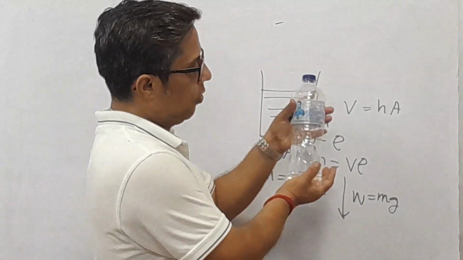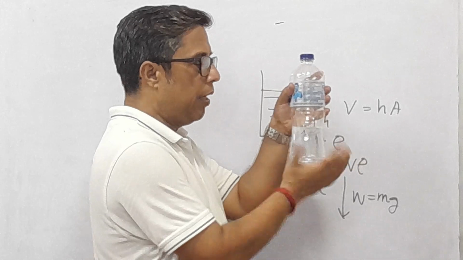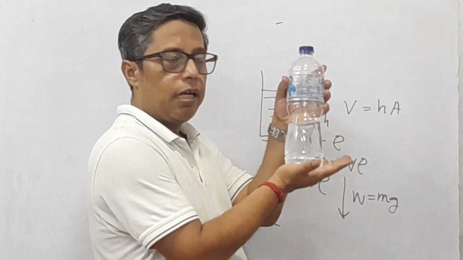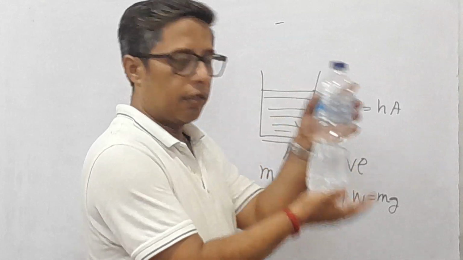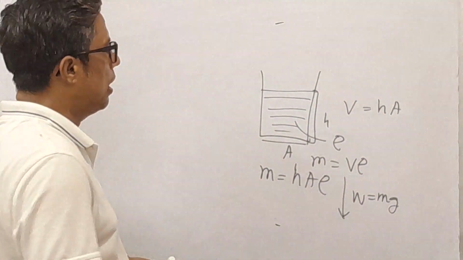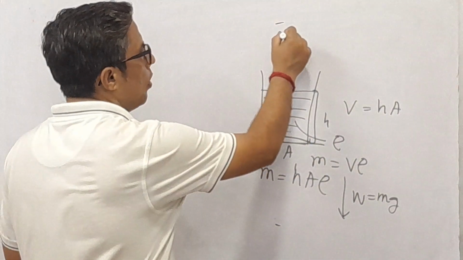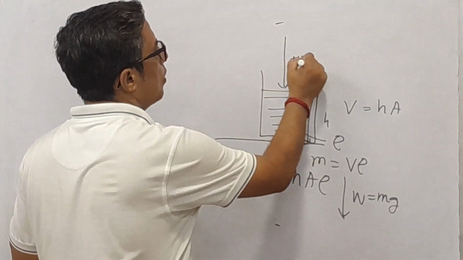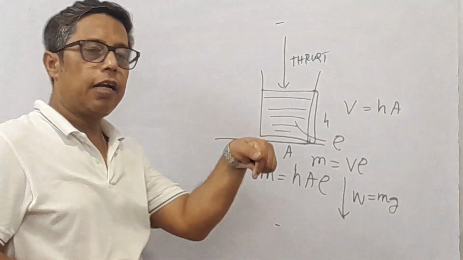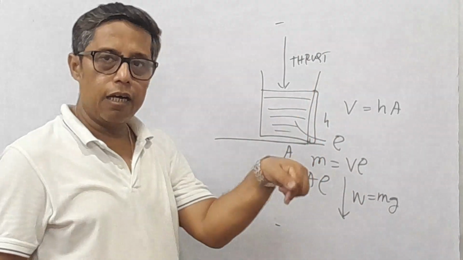This part of the water will have a weight, and this will exert a force on my hand, right? Similarly, this liquid exerts a force on this area. So the force or thrust here acts in the perpendicular direction on this area. That is the weight, equal to mg, acting vertically downward.